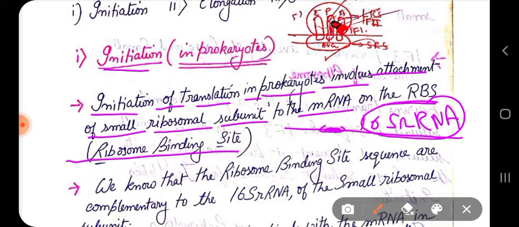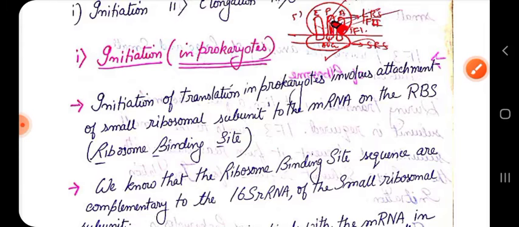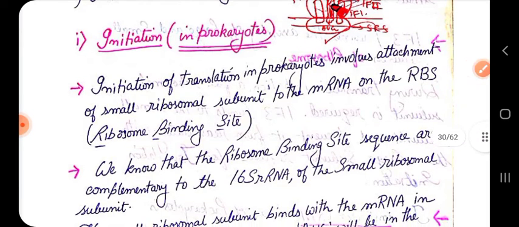That's why the small ribosomal subunit binds to the mRNA. So we are discussing the initiation in prokaryotes. Don't forget, in eukaryotes it is a little bit complicated, right?